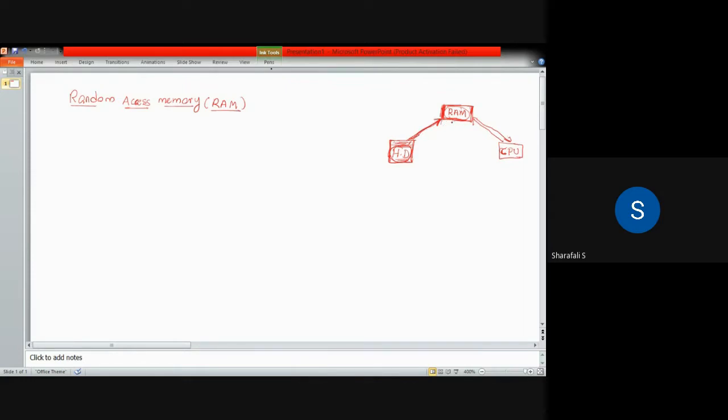This is the basic operation of any program running in your system or in your mobile phone or anything. So in this case, suppose you are running many programs at the same time, in such conditions this RAM memory sometimes may not be enough.